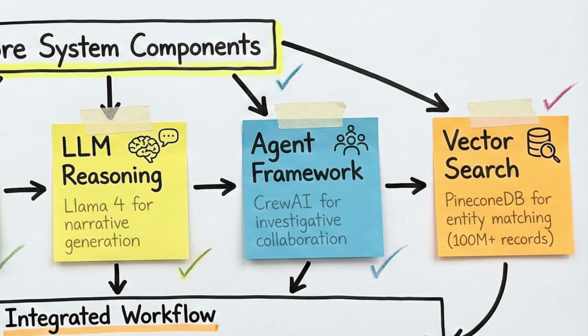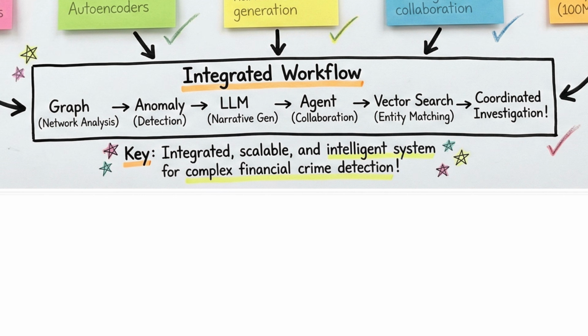Here, the complexity of the agent is not so high, so we can use CrewAI, one of those 5 that I also have in my course. And finally, you can put everything in a vector database for entity matching. So we have network analysis, anomaly detection, LLM narrative, agent collaboration, and entity matching. And finally, we will have this coordinated investigation.